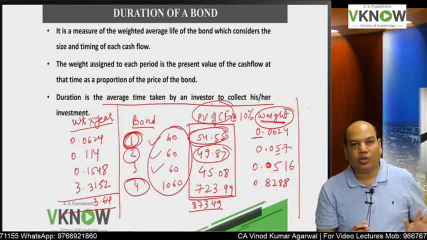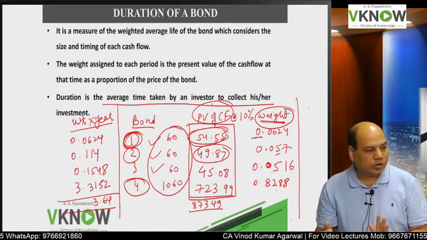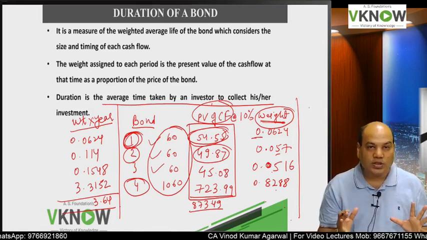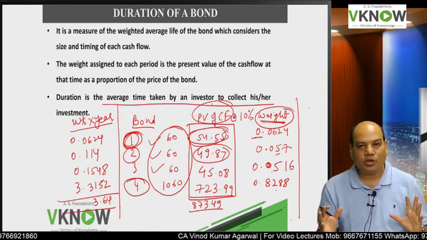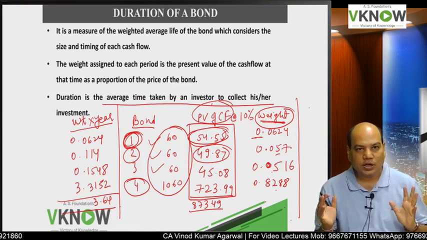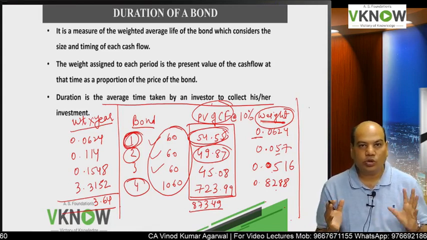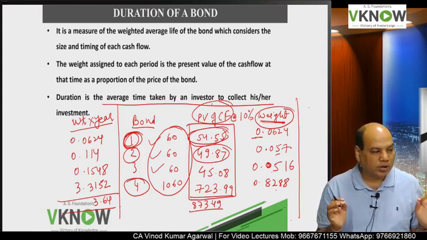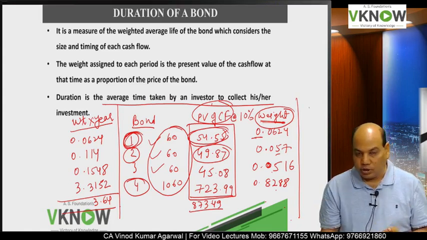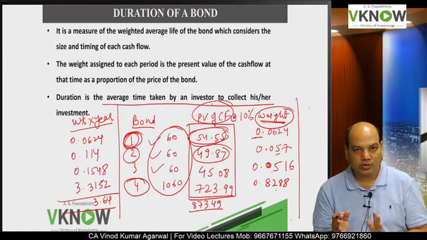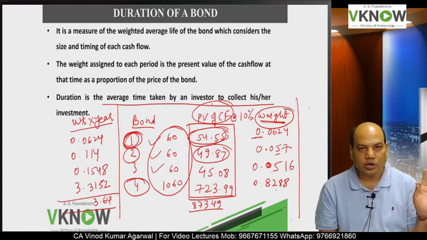But as we'll go ahead today and some portion of the lecture tomorrow, you will see that this duration is an amazing concept and you can use it to understand the risk involved in the bond. You can use it to protect yourself from the risk which are there in the bond. But as we'll go ahead, we will learn. So first task is, what is duration?